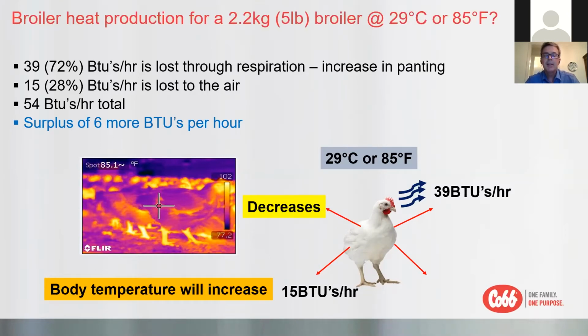That narrowing of the differential between its body temperature and the surrounding air means that it's going to have a surplus of 6 BTUs per hour. It's only losing 54 BTUs per hour. So over time, body temperature will increase. So when we talk about thermoregulation, we've got to really understand how the bird naturally releases body heat.